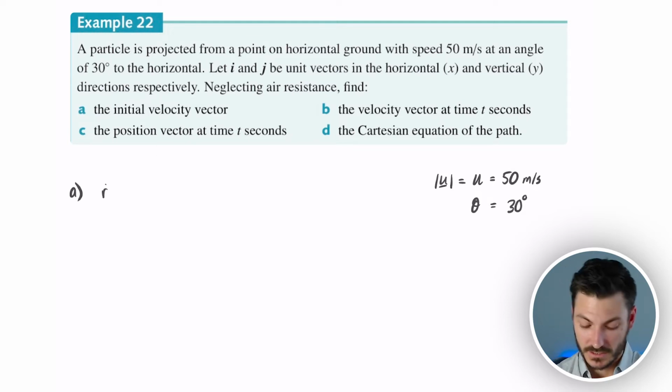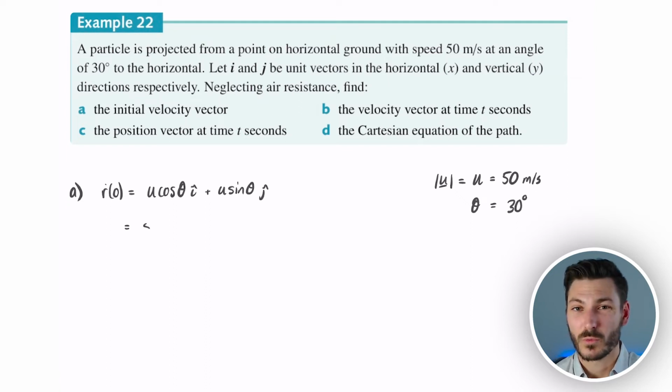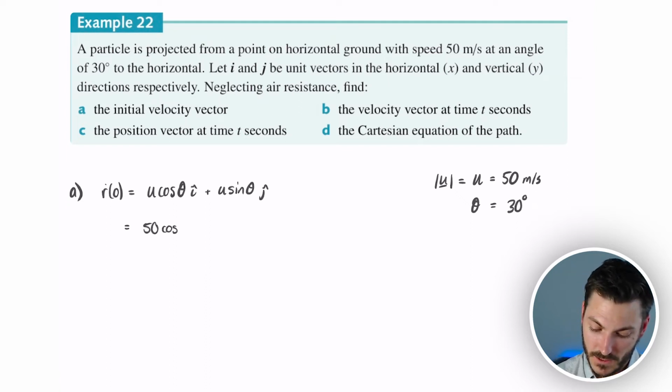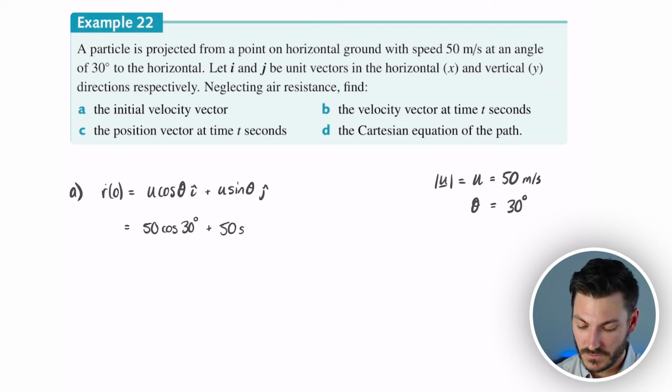If you recall from projectile motion, the initial velocity is going to be u cos theta in the i direction plus u sine theta in the j direction. So substituting what we know in, we get 50 cos 30 degrees and 50 sine 30 degrees.